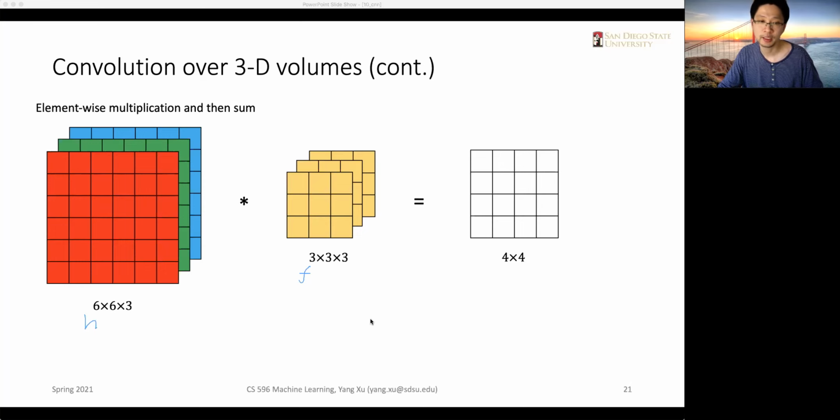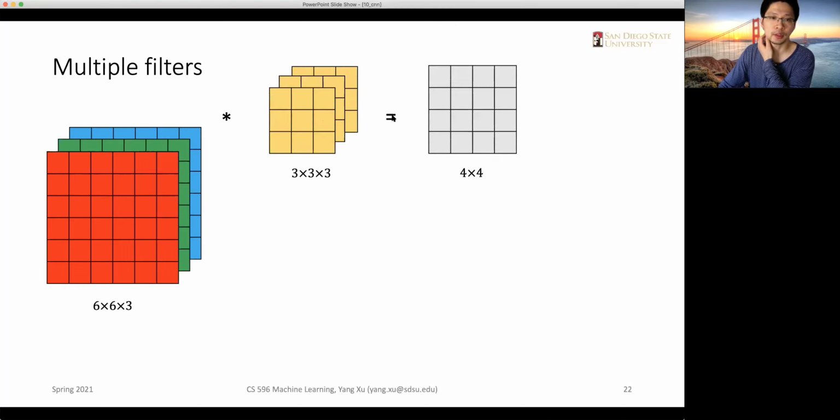There's no padding, so it should be n minus f plus 1, which would be 4, assuming stride equals 1. It's just the same formula used before. Okay, so now comes a more interesting application.